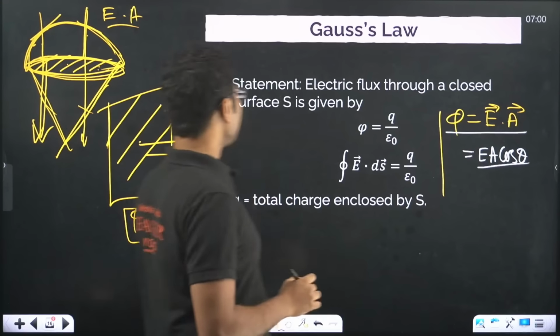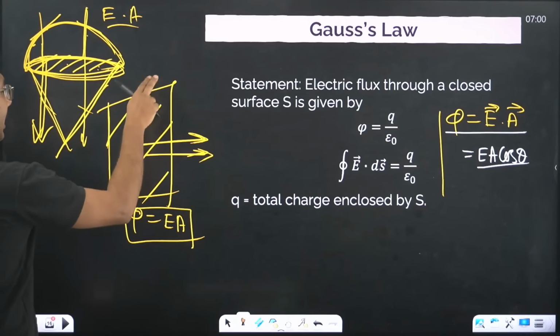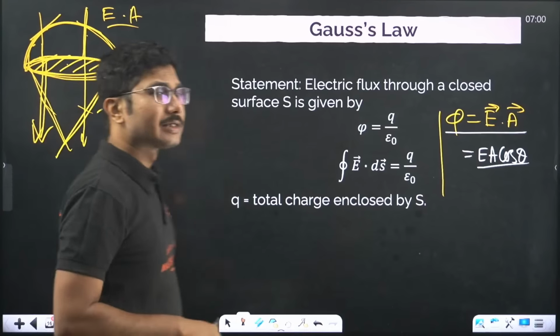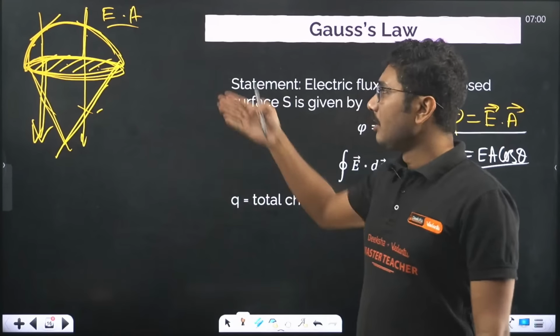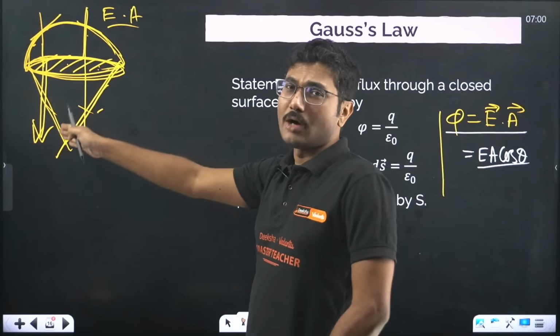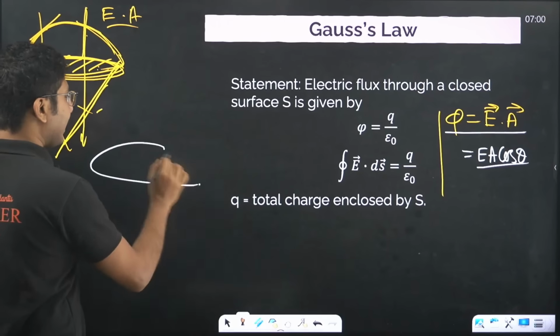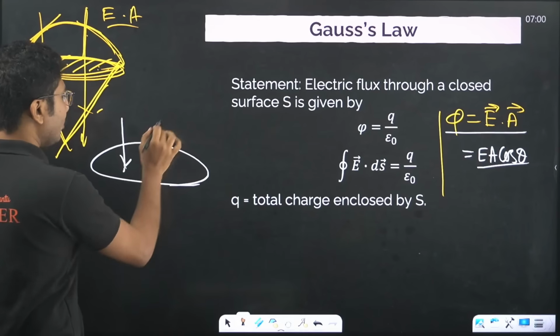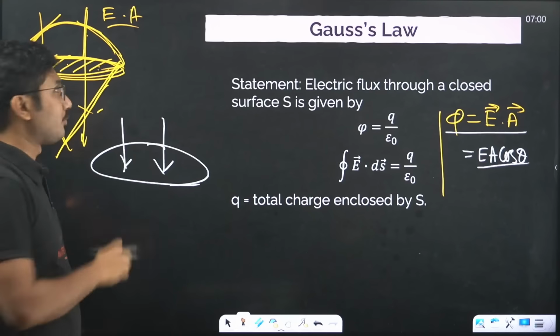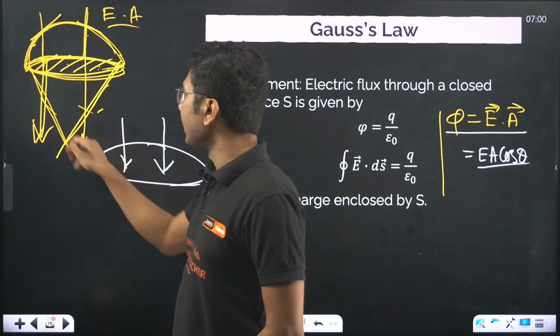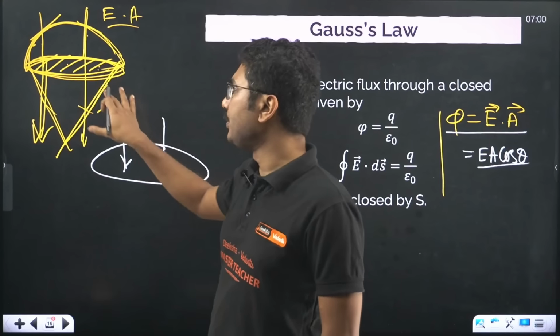EA cos theta. Also, one more important thing: if they give you a weird surface like this, and they ask what is the flux through inside and outside, remember that whenever you are calculating flux, E into A is valid only when it is perpendicular. For example, in this case, if you want to solve for the upper hemisphere and lower cone, this is a common PYQ.